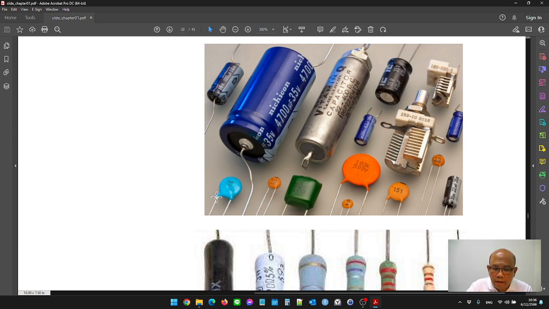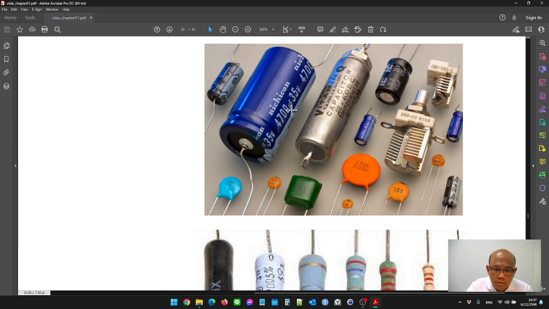The tantalum, Mylar, and ceramic capacitors do not have polarities. I haven't told you about the voltage supported by the capacitors. Please check the maximum voltage for each capacitor type.